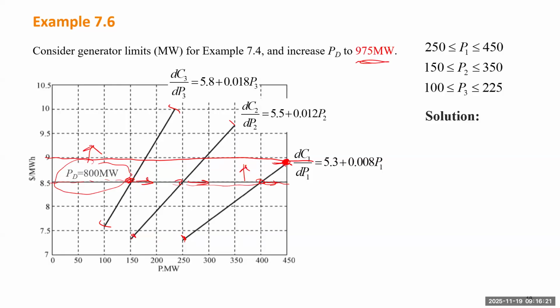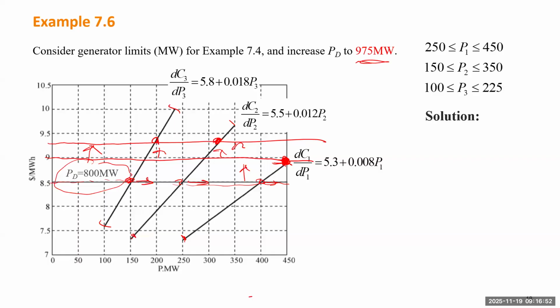Don't move it further, but continue this process for the other units because the other units have not reached the limit. So they just optimize as a problem without limit. Which means if you move up further, the third unit will stay there, but the other units can change further.